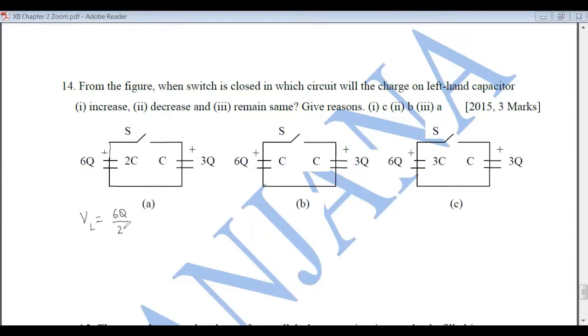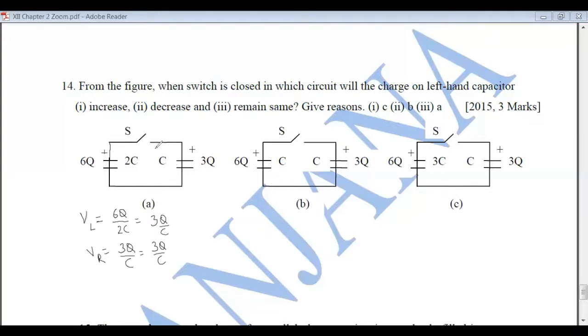So 6Q upon 2C, which is equal to 3Q upon C. Whereas on the right side, the potential difference between the plates of the capacitor will be given by 3Q upon C. So this is also equal to 3Q upon C. Okay, now here we see that the potential difference on the plates of the left hand side capacitor is the same as that on the right hand side.